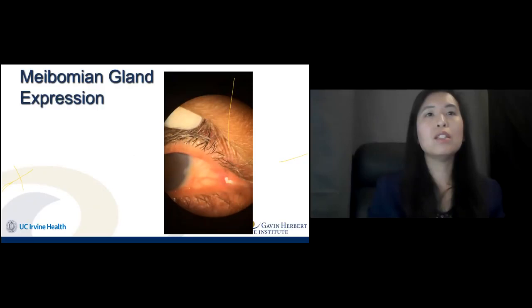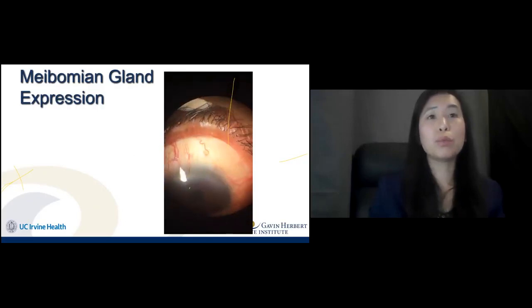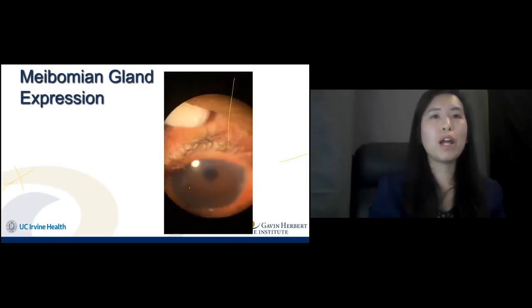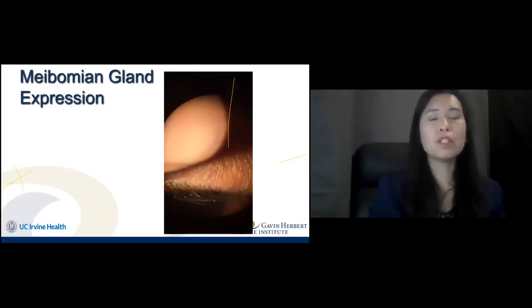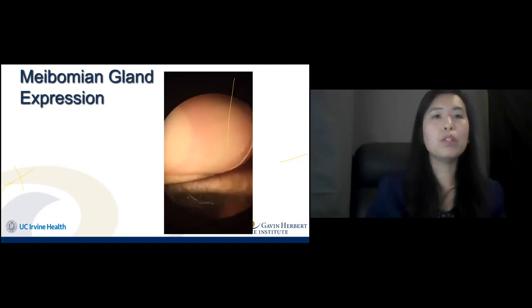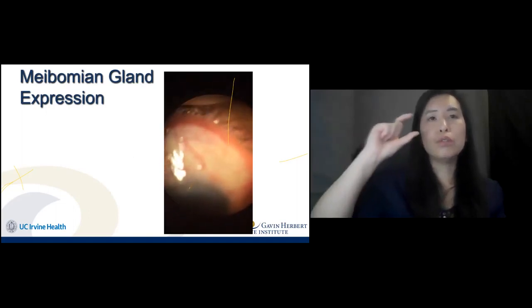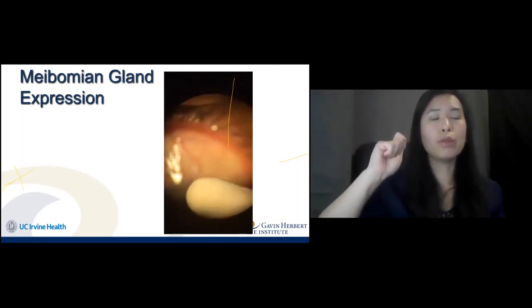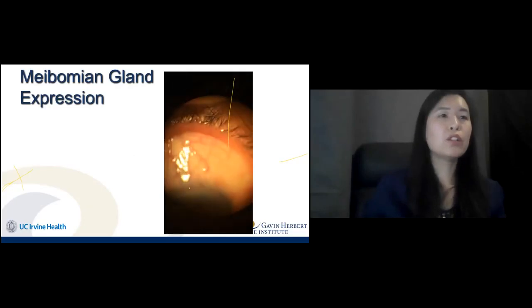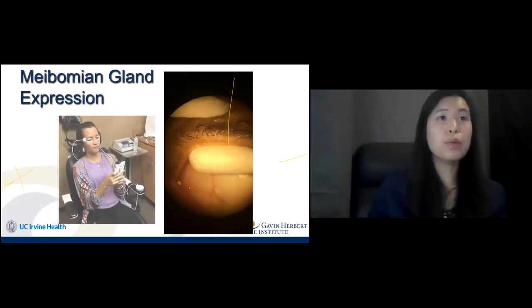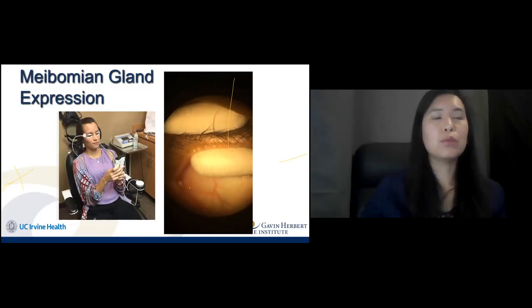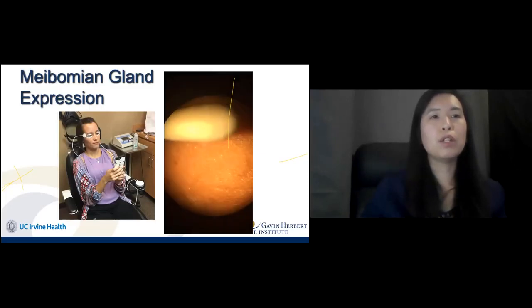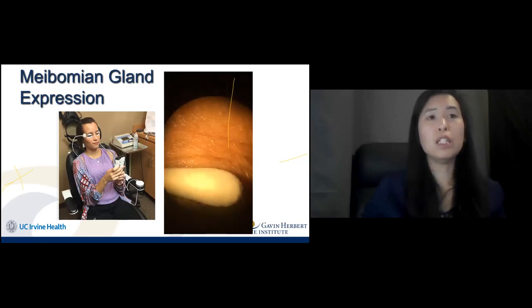I do this just to see how hard I need to press to get it to come out, and sometimes these patients feel so much better after I've done it that we do offer this as a procedure in the office, where we use a device to squeeze the glands for you, okay? But another way to do it is to apply heat as well. We have this device in our office that is like little stickers, and the patient can control the heat themselves.